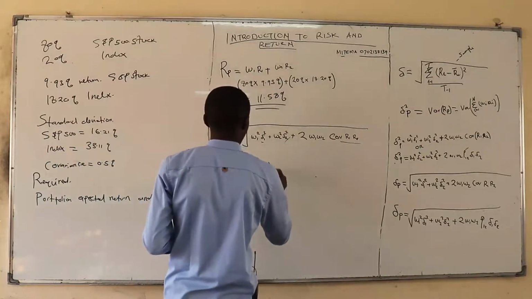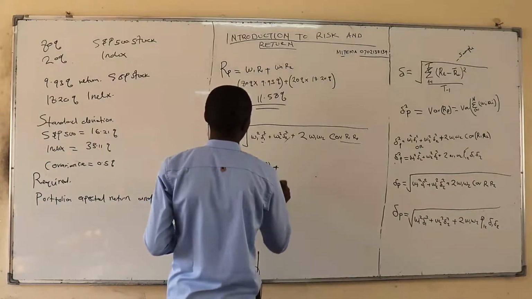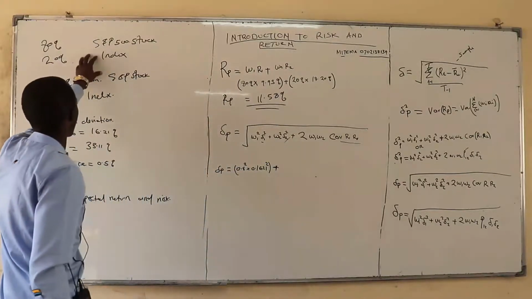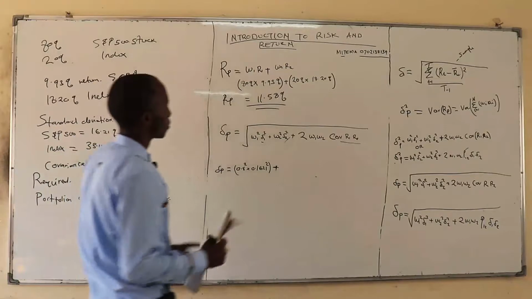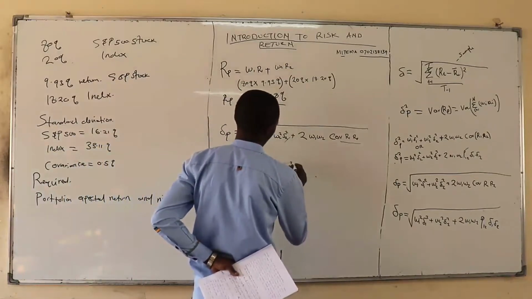And then we add it to 0.2, which is the weight of the second asset, the emerging markets asset. So it's 0.2 squared.